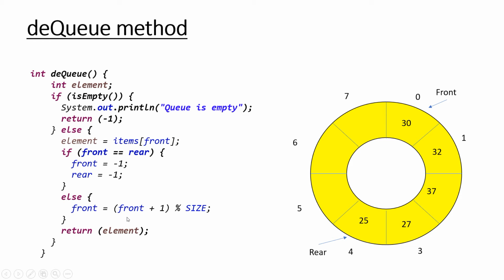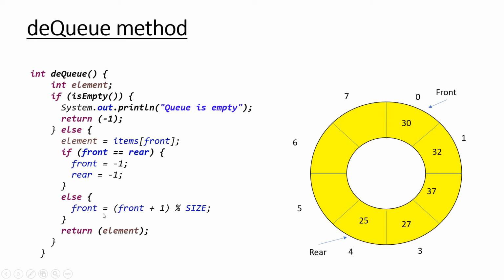Else, what do we have to do? Suppose there are 5 elements in this queue. If you're deleting the element present at index 0, what will happen? The front will move to 1, right? How can we move the front from 0 to index 1? To do that, we use this modulus operator in this line.